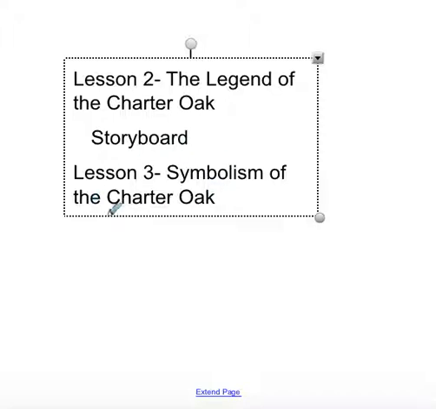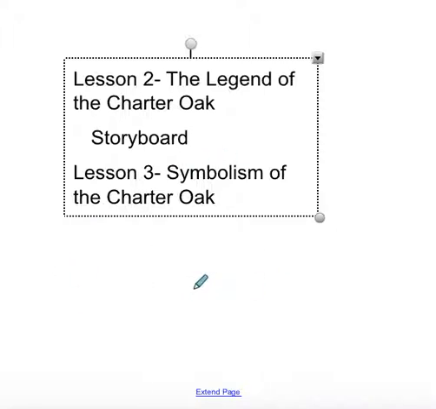And then in lesson 3, we're going to be taking a look at what symbolism means and why the Charter Oak, this tree, is a symbol for Connecticut that endures. And so in order to do these 3 lessons, we first need to know the story of the Charter Oak. And I'm going to be providing you with that history right now if you are unsure of it.